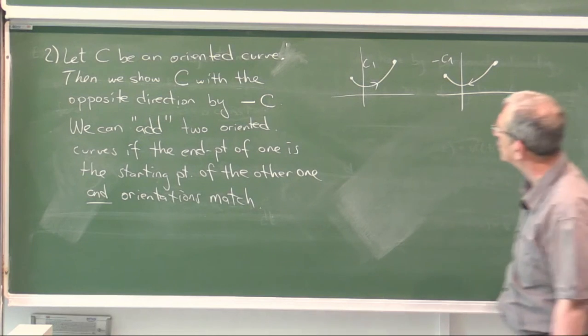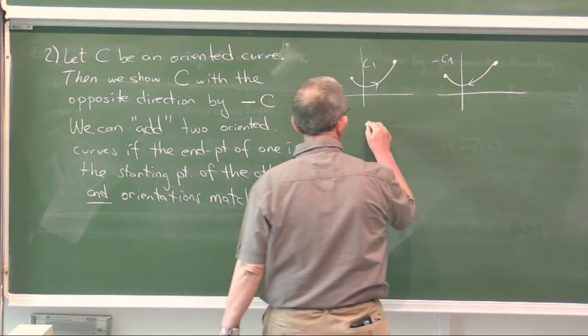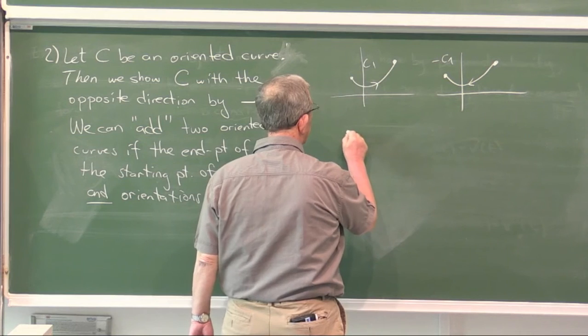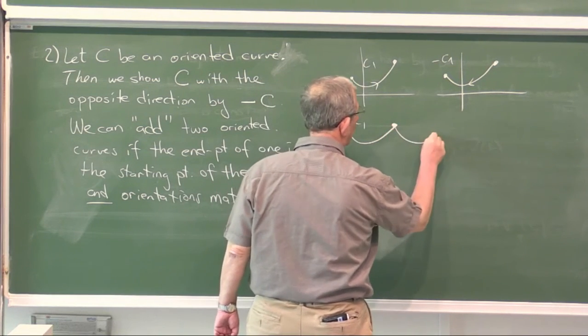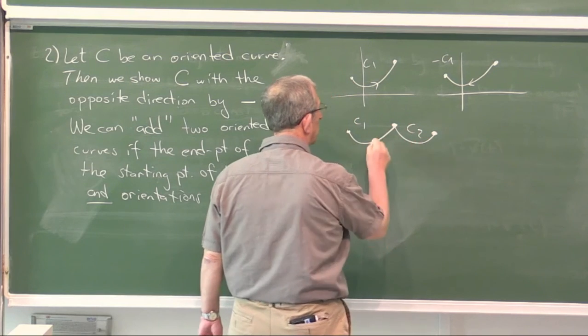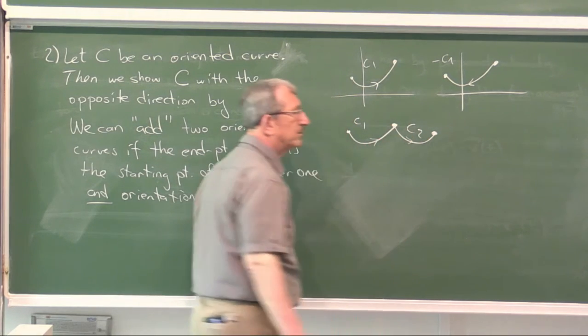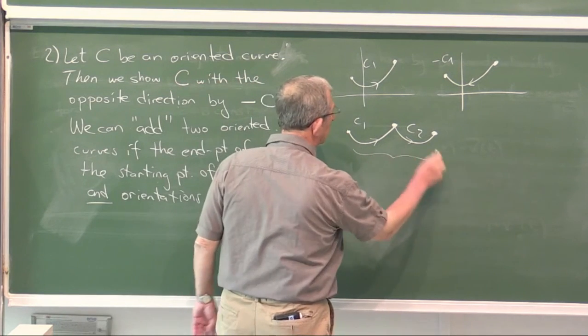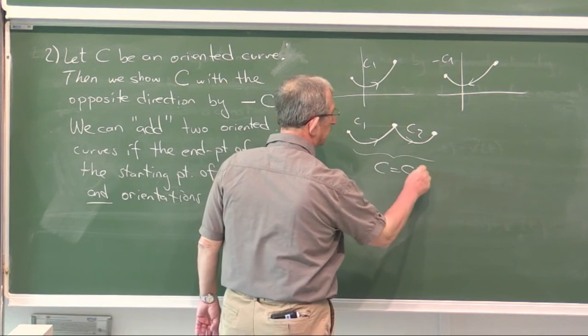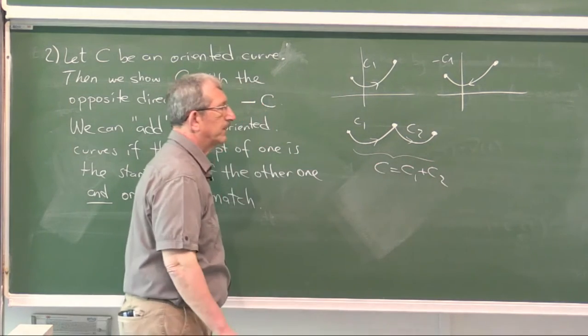It's certainly understood. Now, if we have a curve C1 and another curve C2, but with the orientations continuing in the correct direction, then this whole thing is called C1 plus C2.